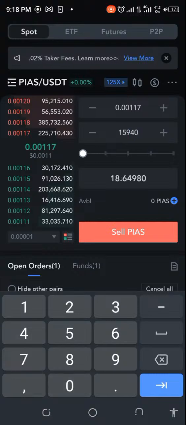Okay, we're gonna lose a little bit of money though, because don't forget it was 18.7. So if we sell at this price of 0.00117, we're gonna lose about 6 cents. So that is definitely not gonna work for us. But anyways, let's see how this goes. I'll be back to give you the results shortly.